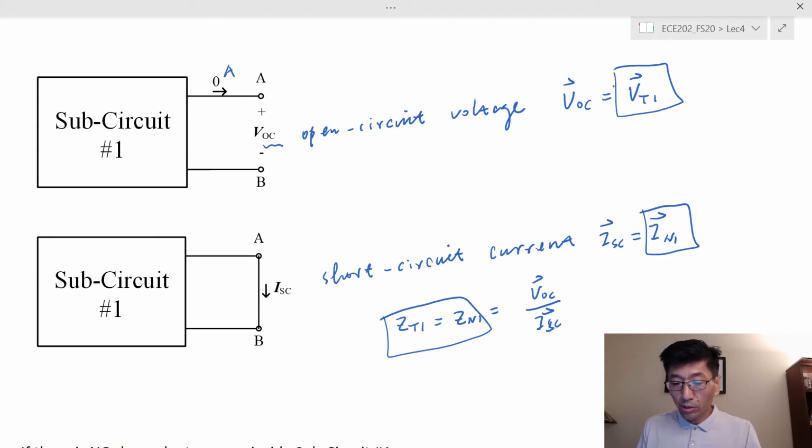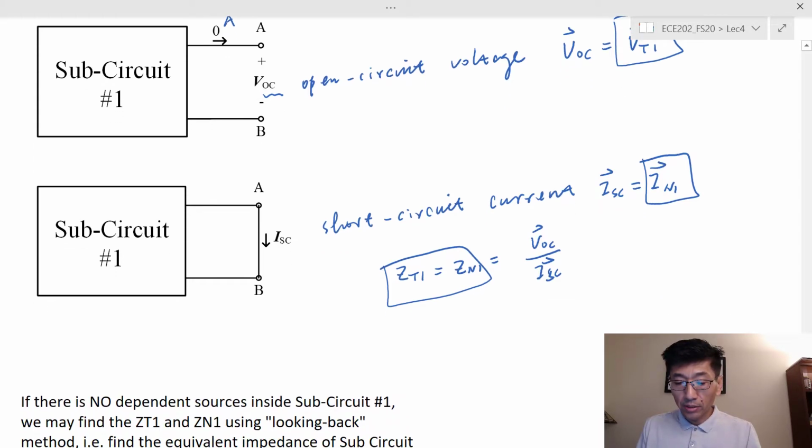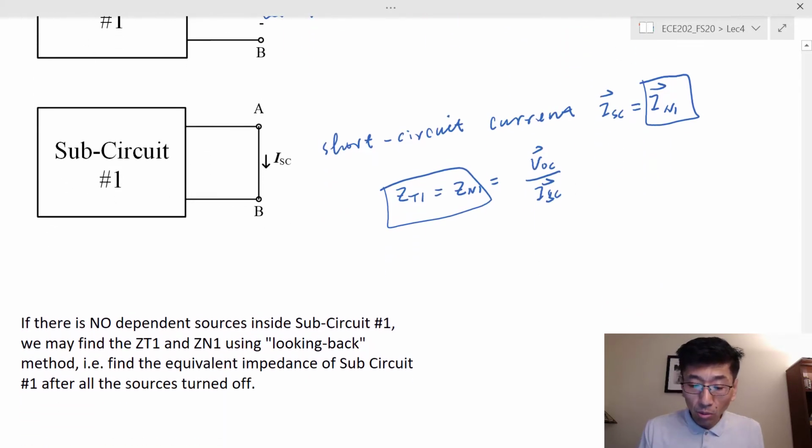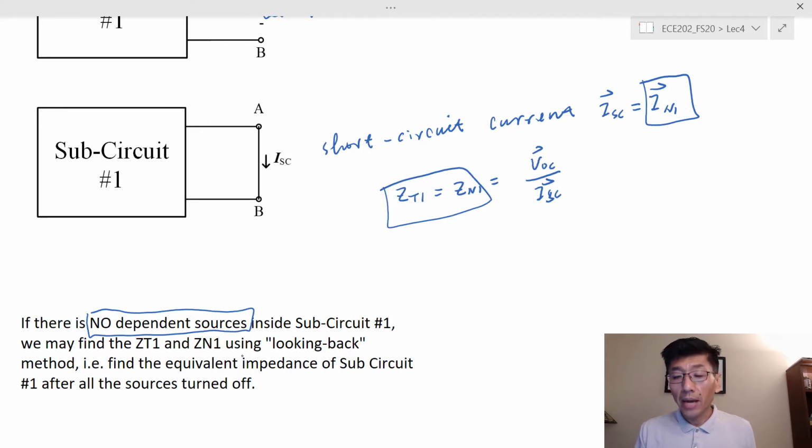And there's another shortcut to find these impedances, if there are no dependent sources inside subcircuit 1. Then we find these impedances by looking back.